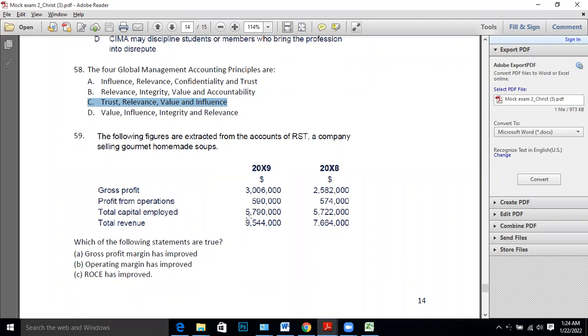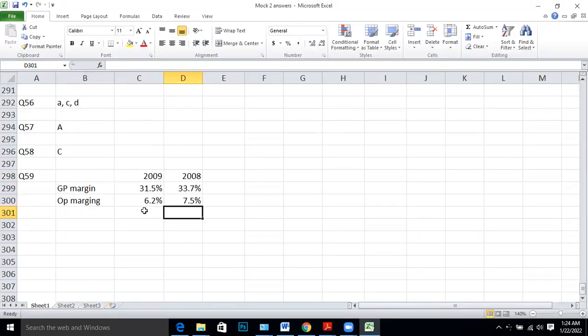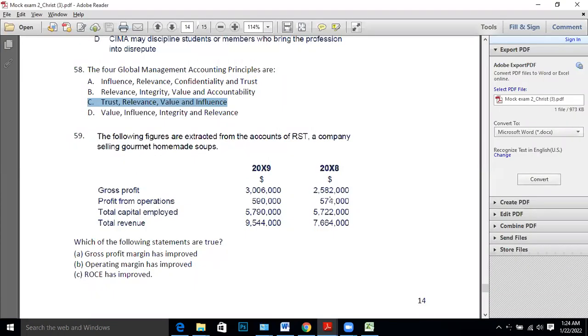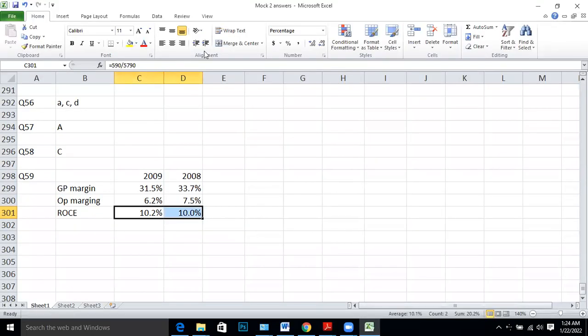ROC: 590 divided by 5790, operating profit divided by capital employed. That is 10 percent. Previous year 574 divided by 5722, which is 10.03.